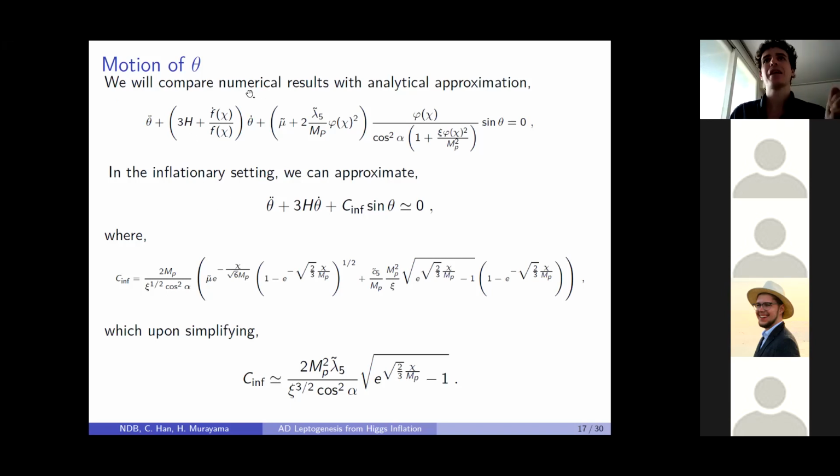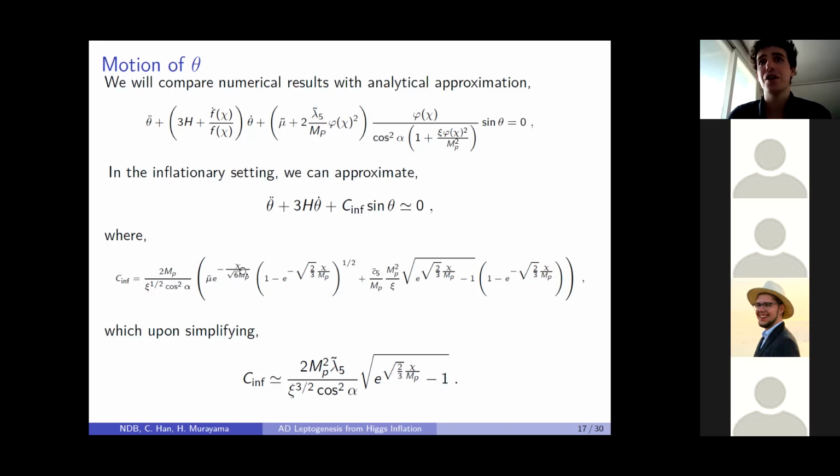In any case, in the inflationary setting, this goes away, and then we can define, just push all these things into this C inf, because we're assuming that during inflation, this is slowly varying. So we'd imagine this C inf doesn't vary too quickly. And then this comes to this rather complicated form when you look in terms of chi. But as I was saying before, what we find here is that we get this exponential enhancement for large chi values, while here you get an exponential suppression.